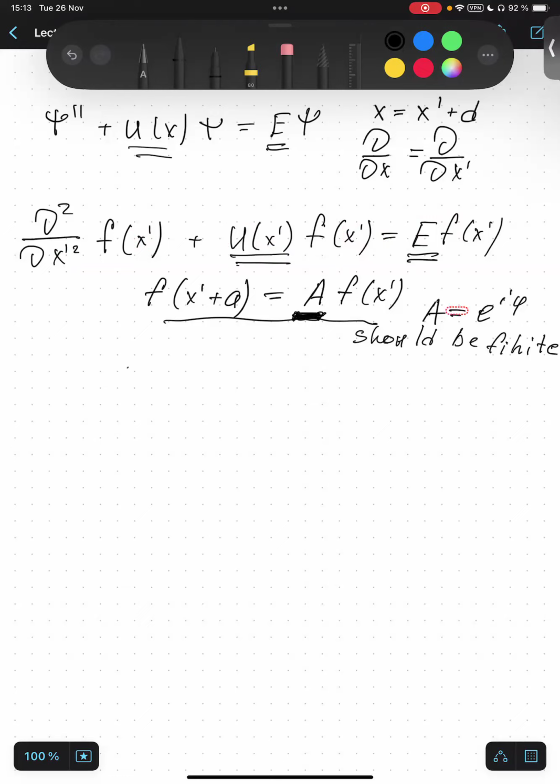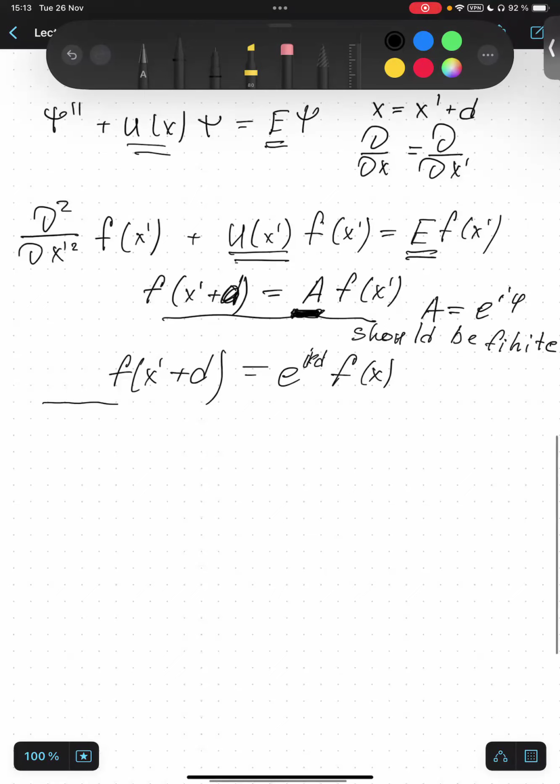This basically leads to our function, e to the i k d, and f of x. Yes, this is basically the Bloch theorem.